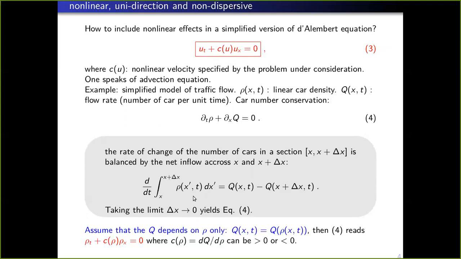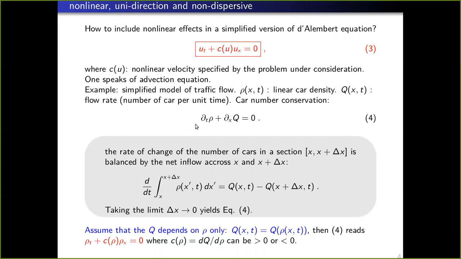So this is simply rho delta x, which I derive, and that will give dt rho times delta x. And this here, take first order Taylor expansion, is just minus delta x dq dx. In the limit where delta x is small, delta x factorizes, and this leads to equation 4.